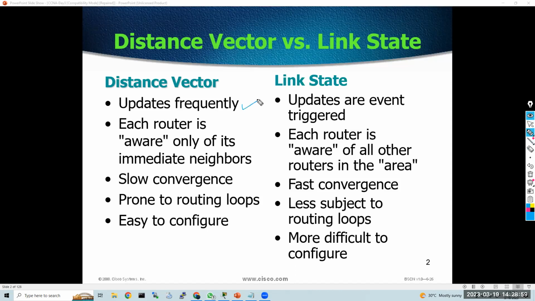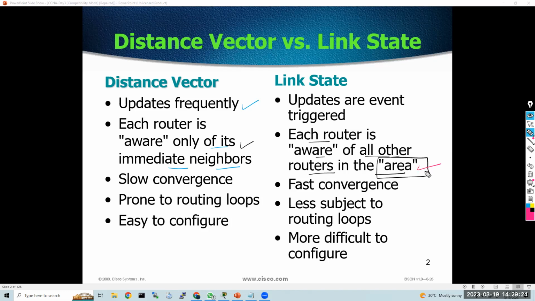Each router is aware of only its immediate neighbor. What does it mean? Only the immediate neighbor can give the update, not others. Whereas in link state, each router is aware of all the other routers in the area. As I told you, it will work area-wise.